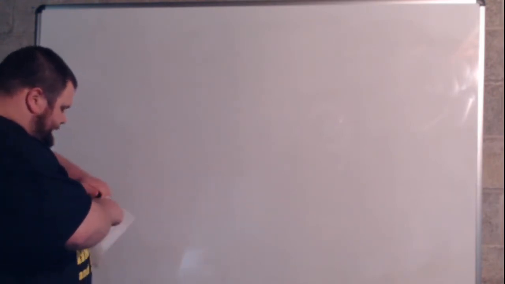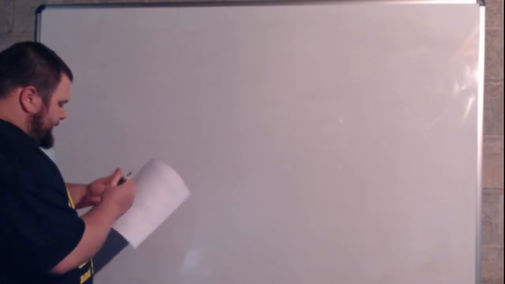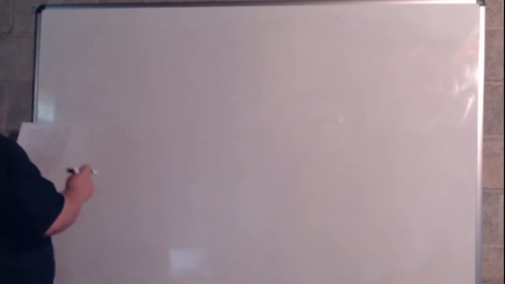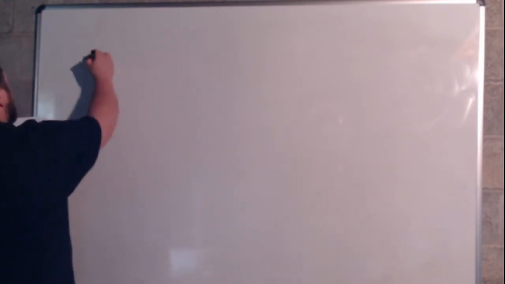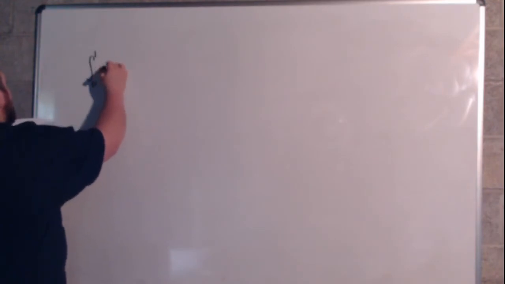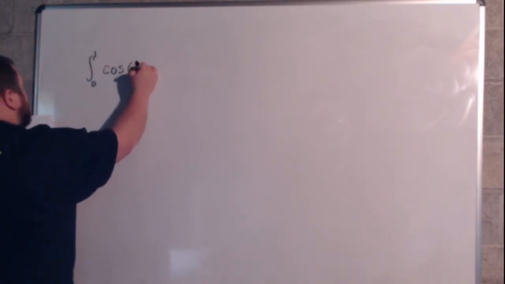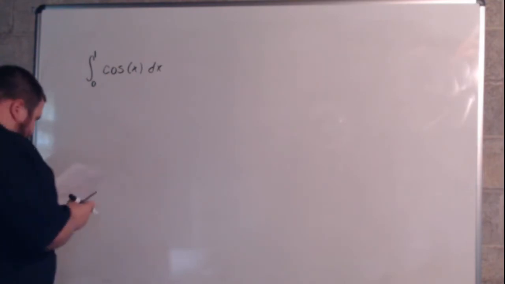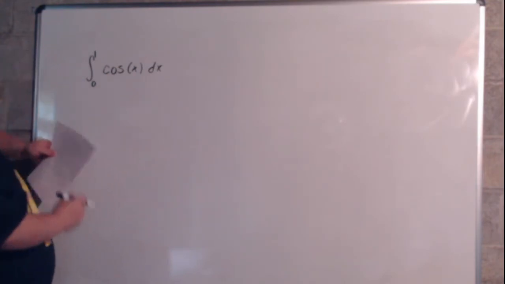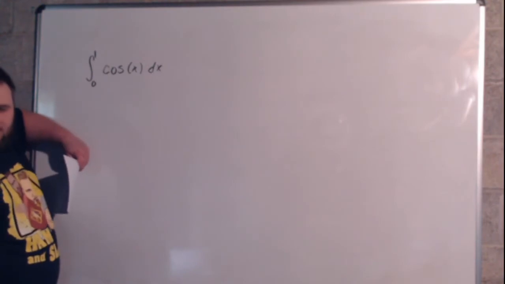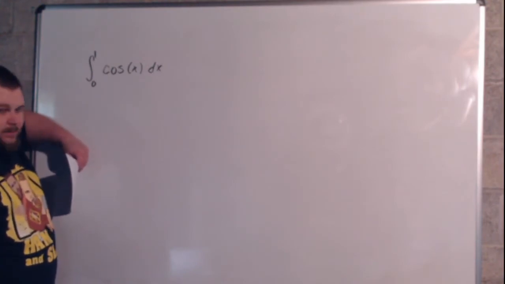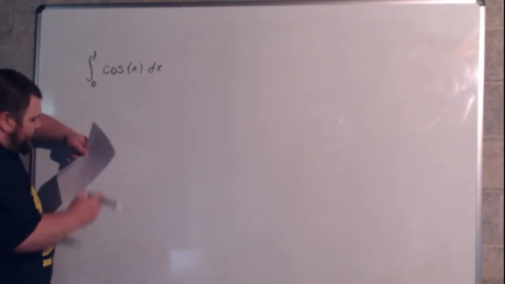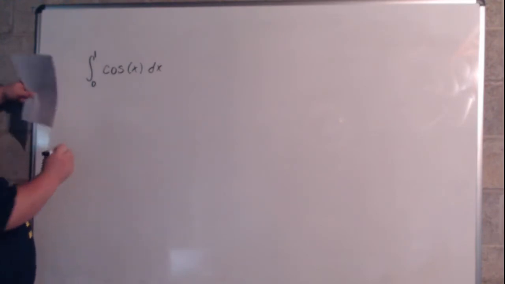So we have another example here just like it. And it says, please evaluate this integral, 0 to 1 cosine of square root of x dx. Now this is one that we could very easily do by hand, but why not do it with this method to prove that it's valid?